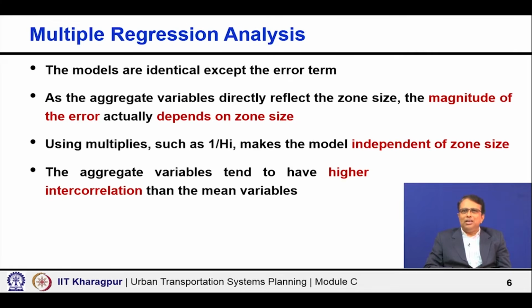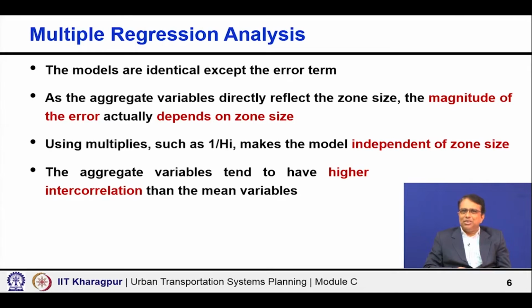Once you do that, the bigger zones having bigger values and smaller zones smaller values, the size of the zone does not really matter. So this model is almost independent of zone size. I said almost independent because the size of the zone is not coming in directly.